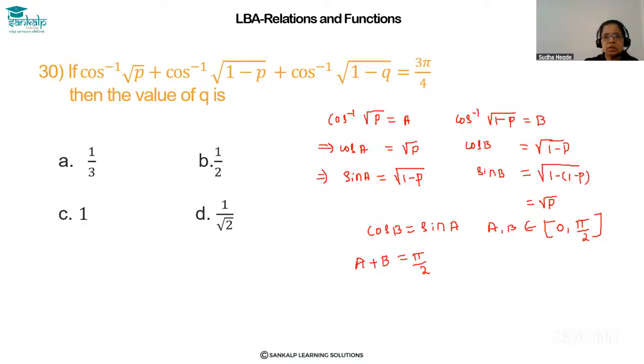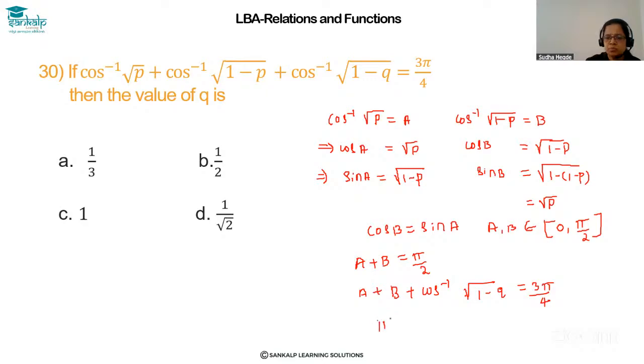So now you take the given expression. So cos inverse root P, that is A, plus cos inverse root 1 minus P, that is B, plus cos inverse square root of 1 minus Q, that is equal to 3 pi by 4.